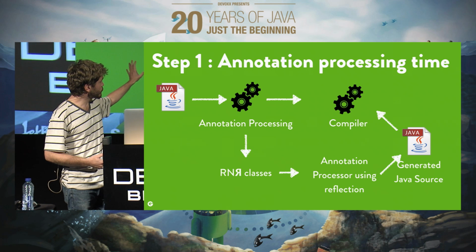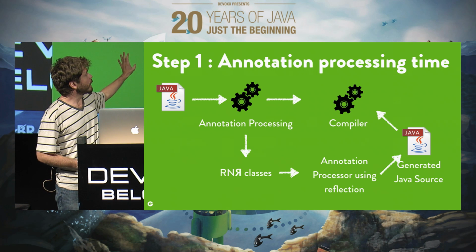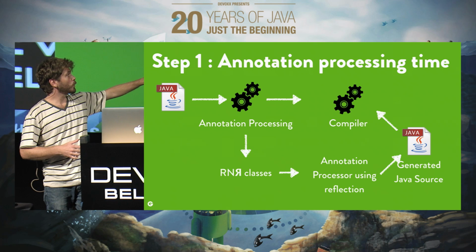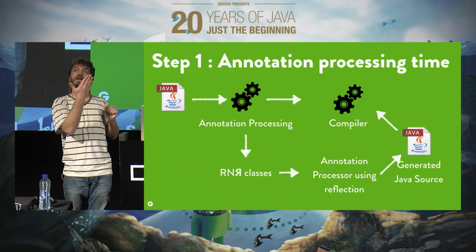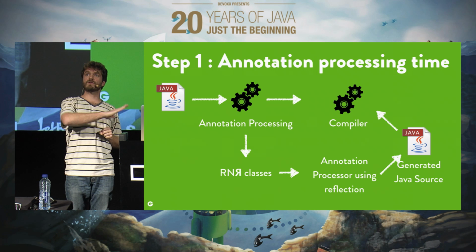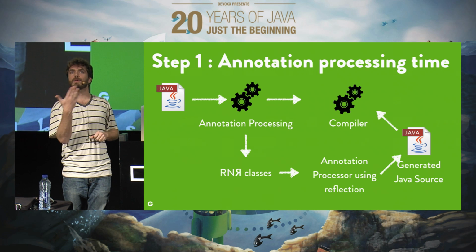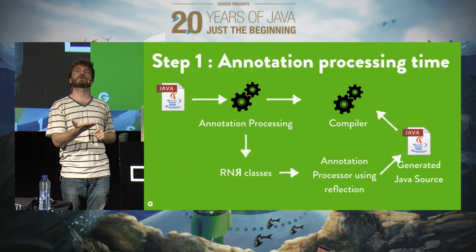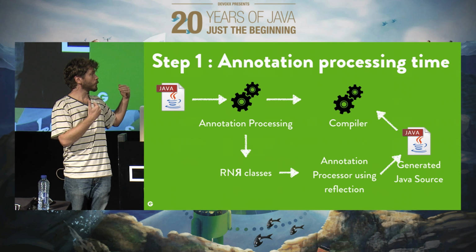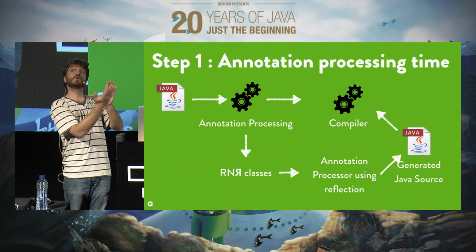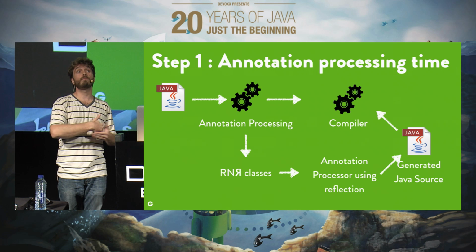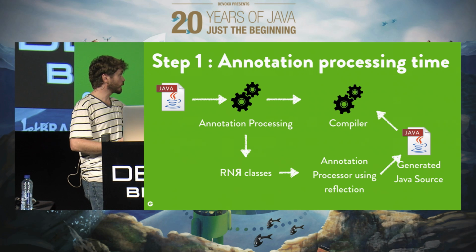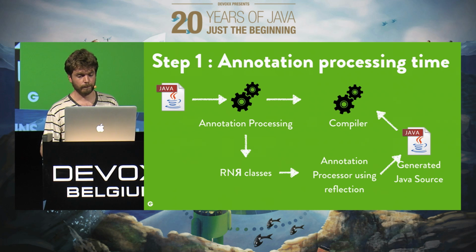So we are going to create those classes, and from now, what it means is that you can create an annotation processor that is based on reflection. So instead of using the meta API of the annotation processing API, what you're going to be able to do is to use reflection to create an annotation processor. So it makes it much easier to actually create annotation processors.